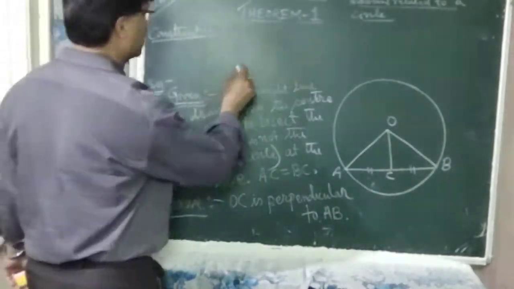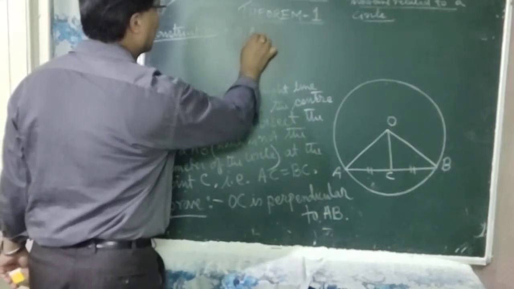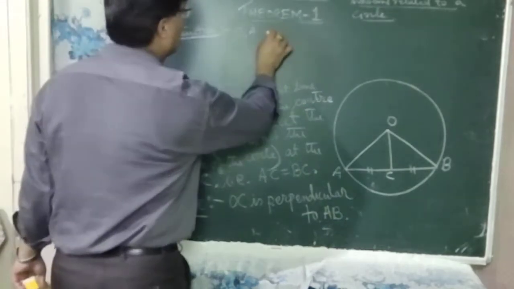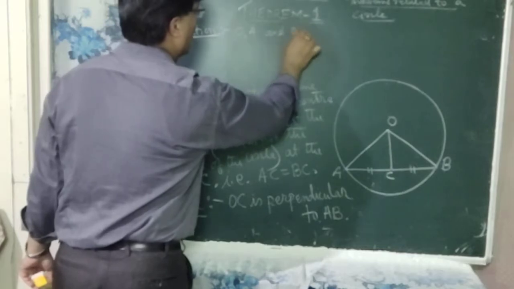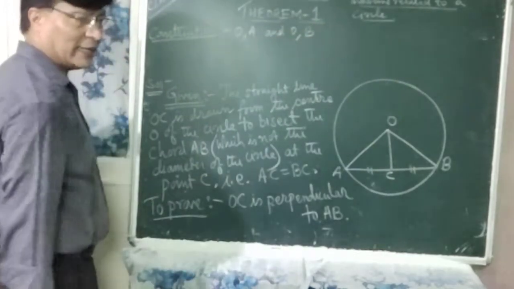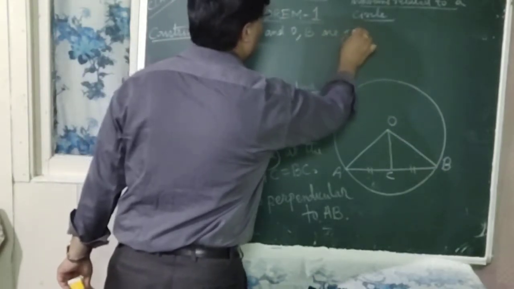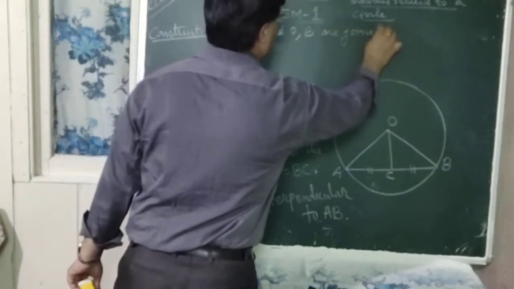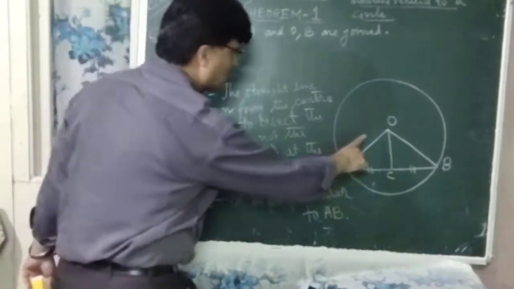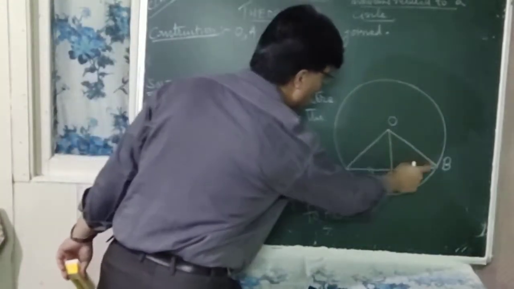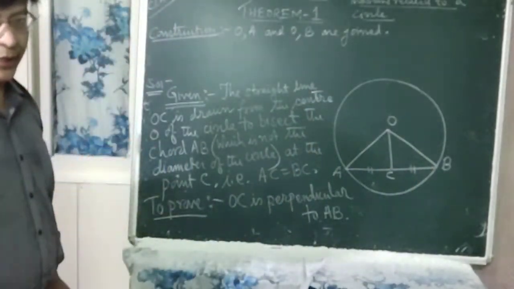Okay? Construction, O comma A are joined and O comma B. Right? So in this case, O and A are joined and O and B are also joined.